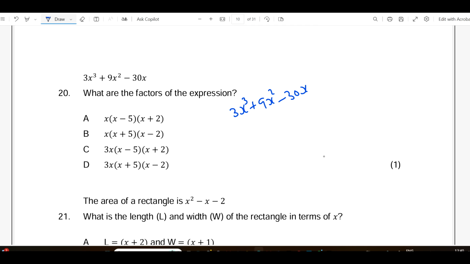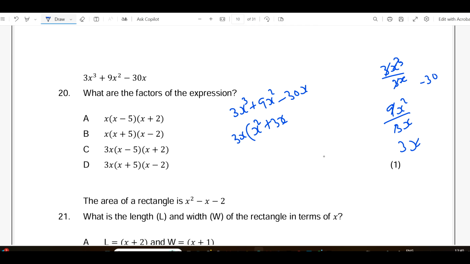The common factor is 3x, and we divide by the common factor all the time when we factorize. x^3 divided by x is going to be x squared. This by this, 9x squared divided by 3x is going to be 3x.